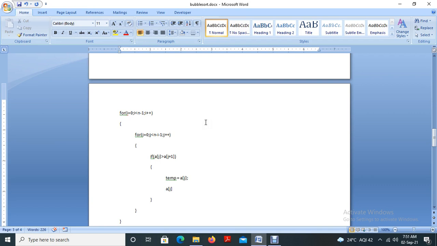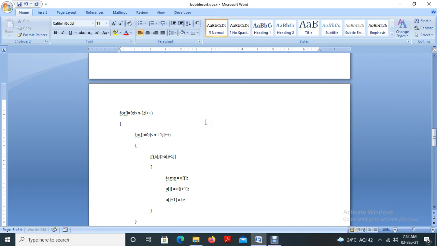In the temporary variable I am assigning the value in a of j, so that value is saved in the temp variable. Then I am assigning a of j equal to a of j plus 1. Now I can assign a of j plus 1 equal to temp. Very simple.